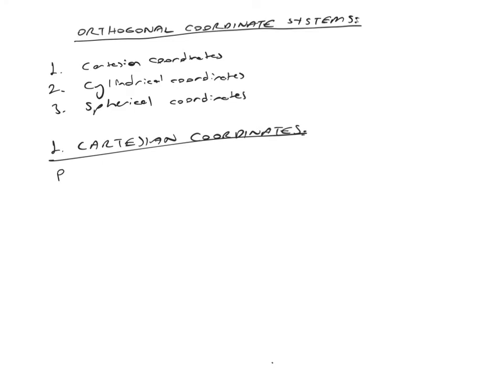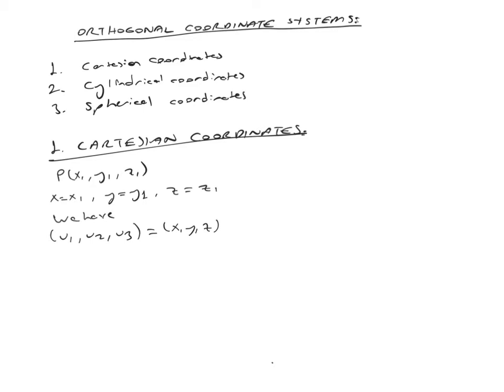A point P whose components are x1, y1 and z1 in Cartesian coordinates is the intersection of three planes: x is equal to x1, y is equal to y1 and z is equal to z1. We have u1, u2, u3 and they are equal to x, y and z.